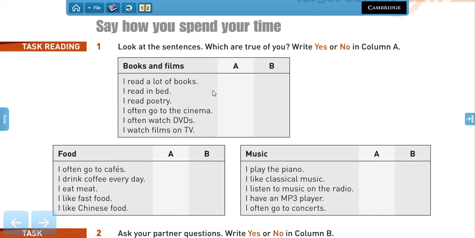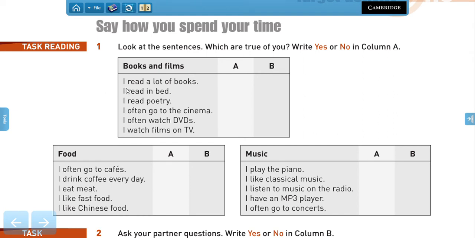Can you do the same with you? So complete these with books and films, food and music. Now, once you finish, what I'd like you to do is to practice saying these sentences but in a question format.